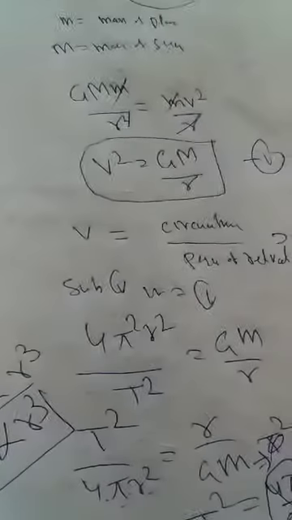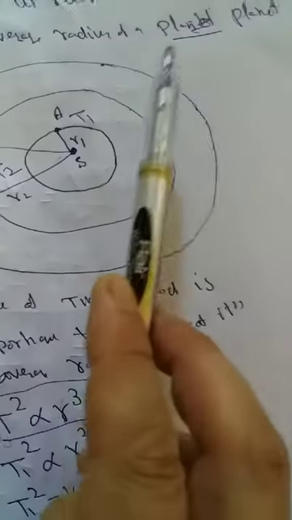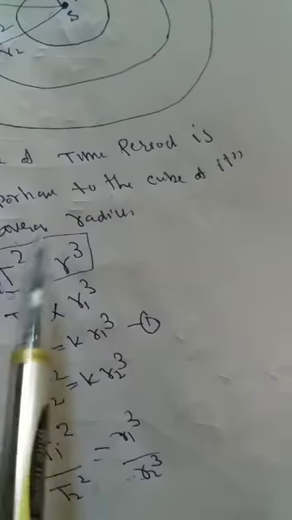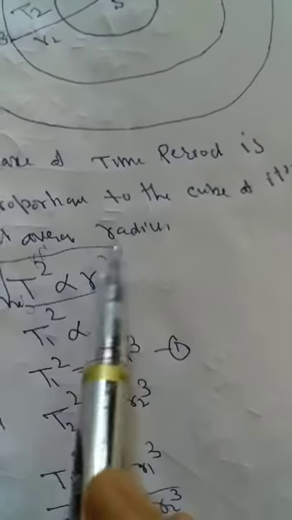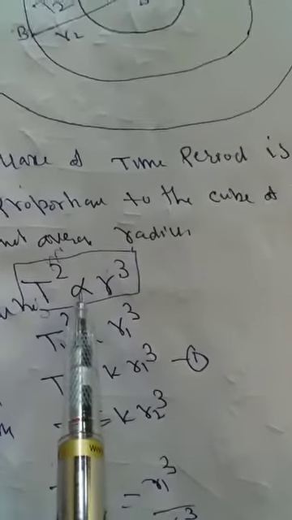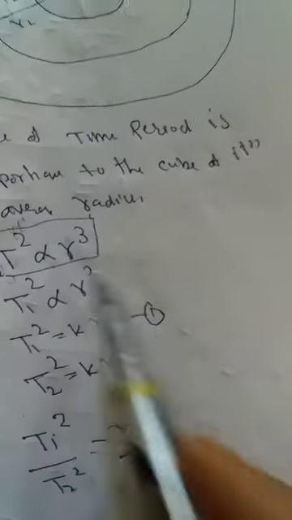Simply, what does this law say? This law says the square of the time period is directly proportional to the cube of its average radius.